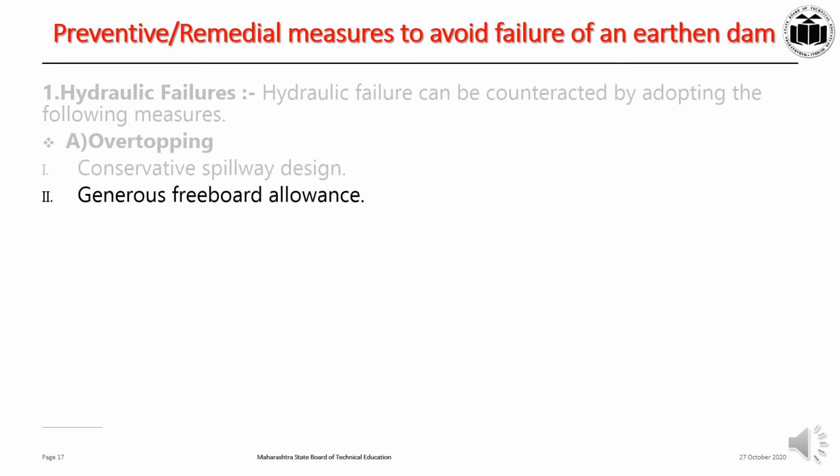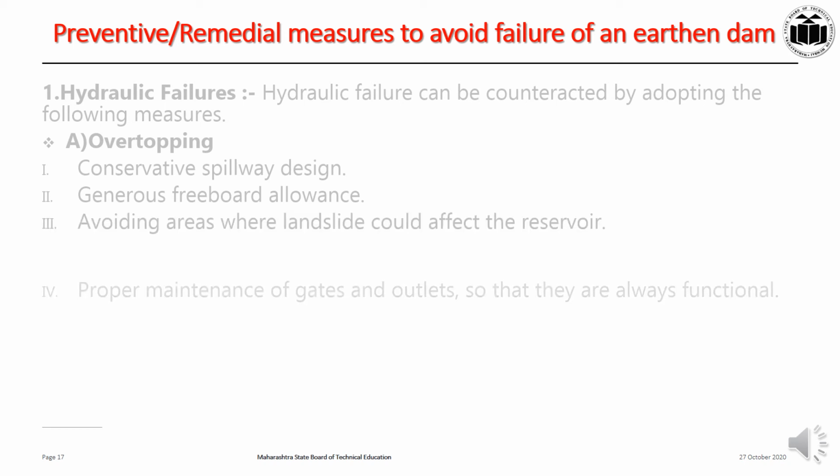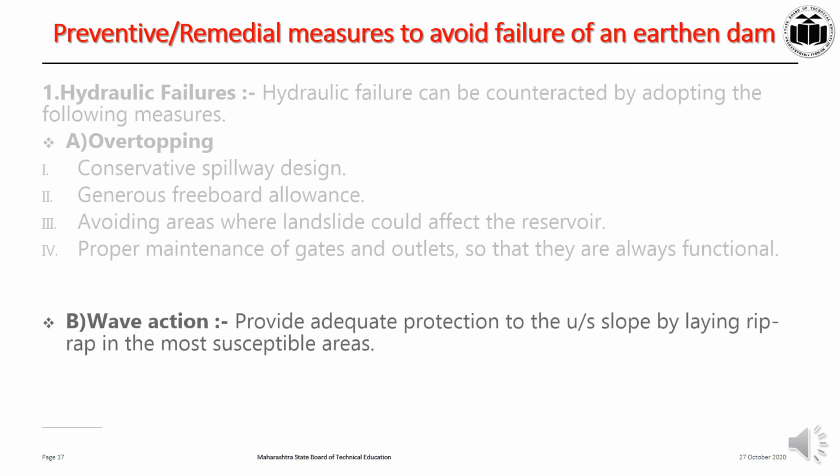Then generous freeboard allowances, meaning if your freeboard length is proper, then overtopping is avoided. Or avoid areas where a landslide could affect the reservoir. Then proper maintenance of gates and outlets so that they are always functional. If gates and outlets get proper maintenance, then such types of failures may be avoided.